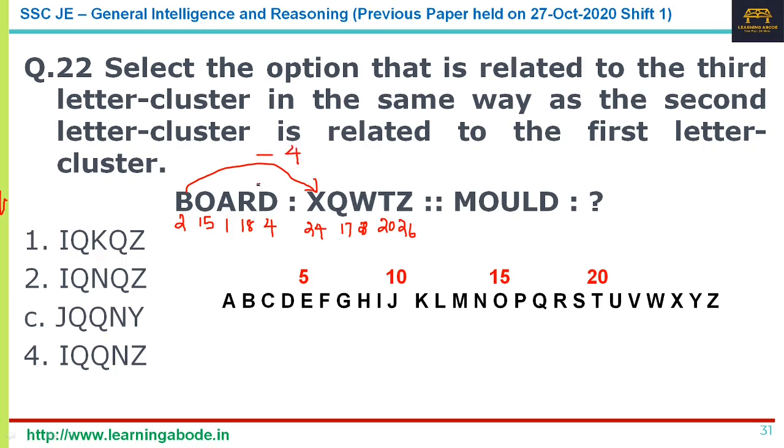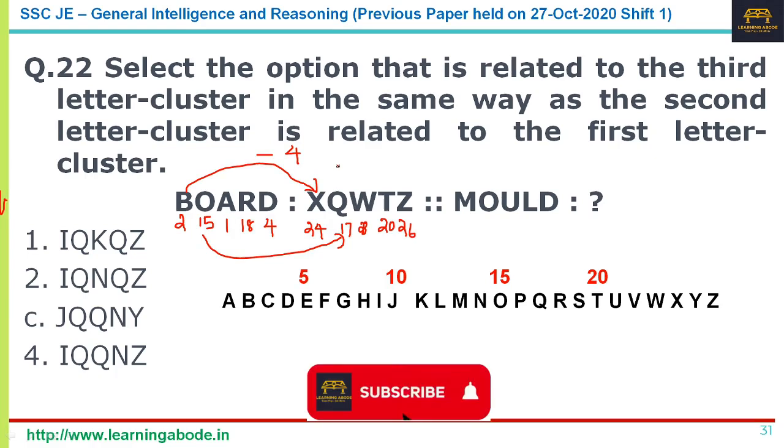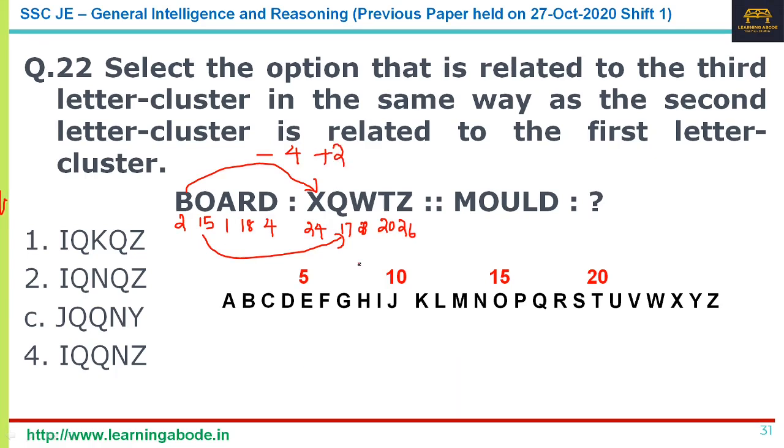B, A, Z, Y, and then X, minus 4. Then you go 15 and 17. What is the relation? 15 and 17 is plus 2.